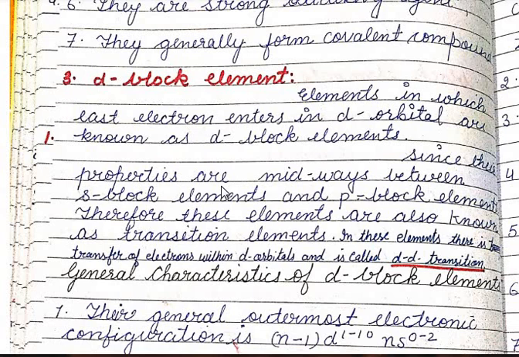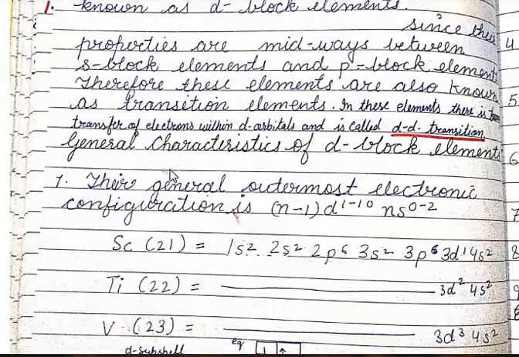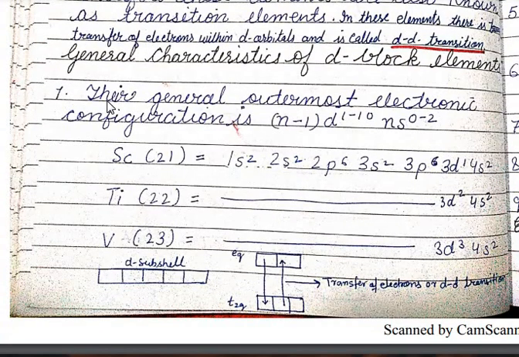General characteristics of d block elements. First, their general outermost electronic configuration is (n-1)d1 to 10, ns0 to 2.